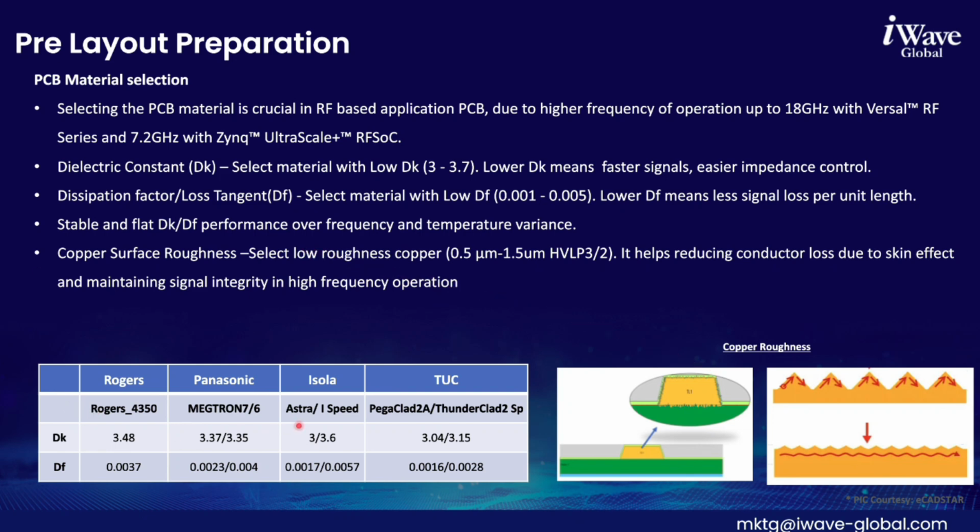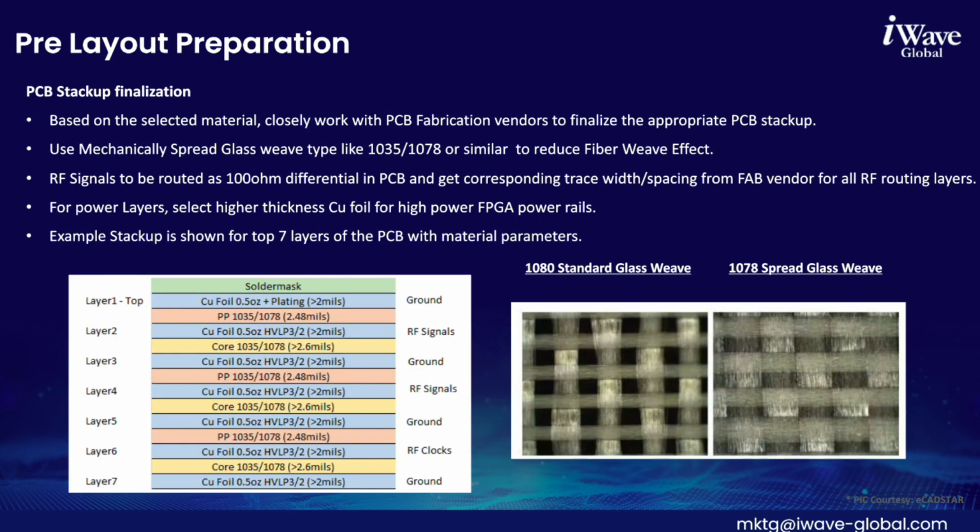And here are some example PCB materials given for high-speed RF applications. Once we finalize the PCB material, the next critical one is finalizing the PCB stack-up. It is recommended to work with the PCB fabricator at a very early stage to finalize the PCB stack-up, so that we'll have better control over the PCB layout.